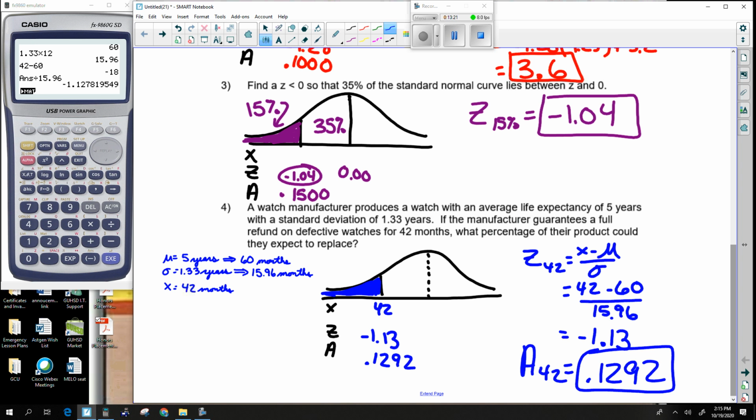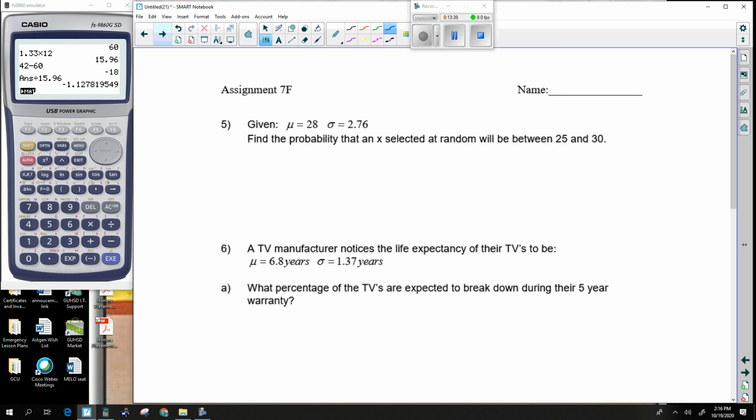So the area is the question, what percentage of the product are they expecting to replace? They're expecting to replace 12.92%. 12.92% is what they're expecting to replace. Same questions, just again.